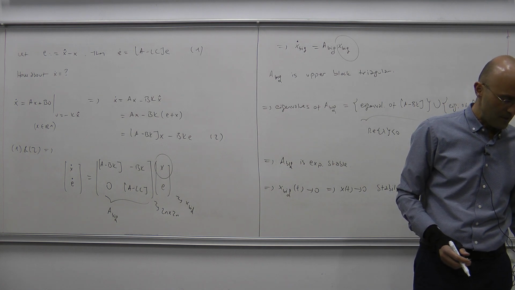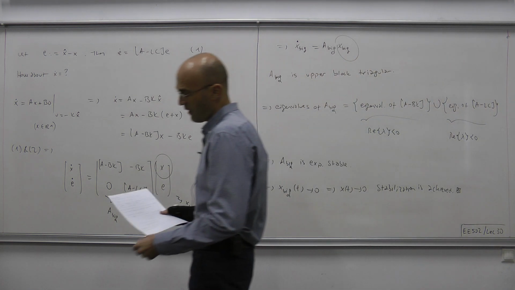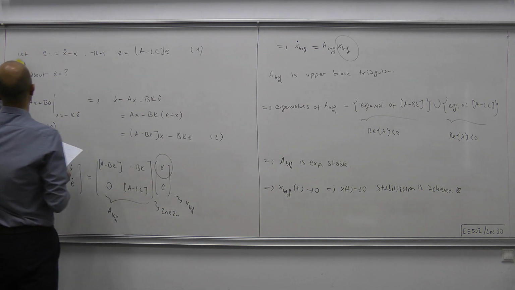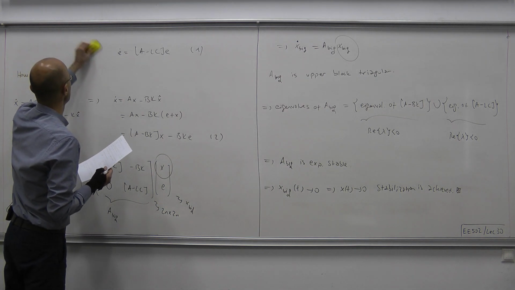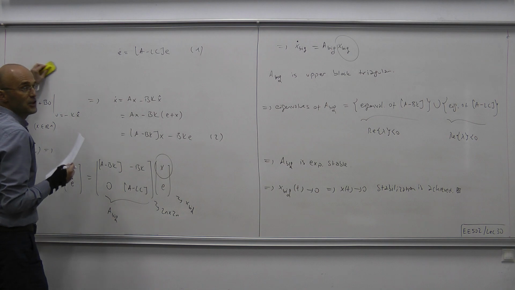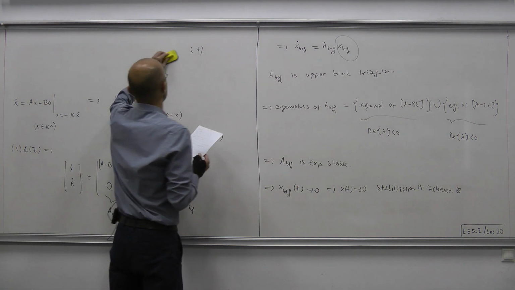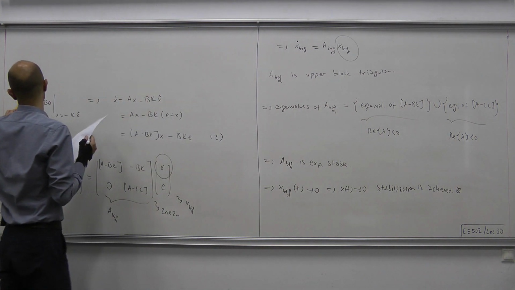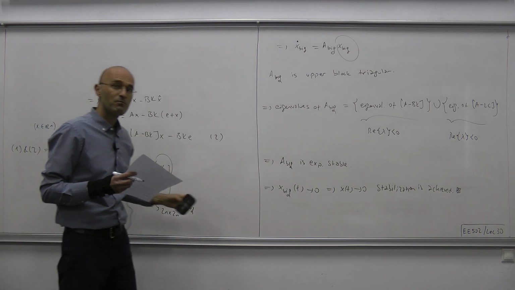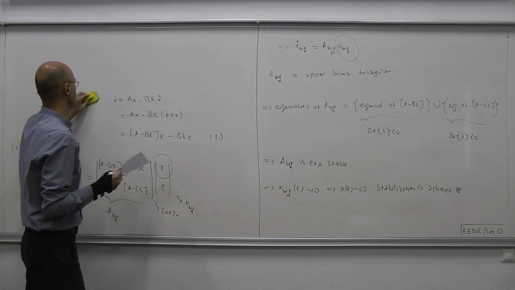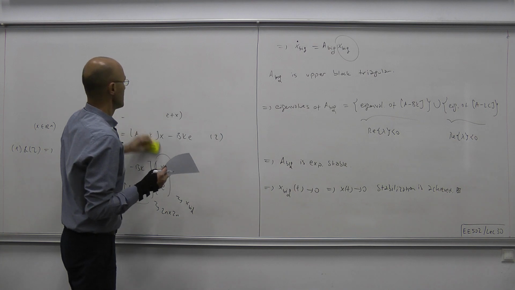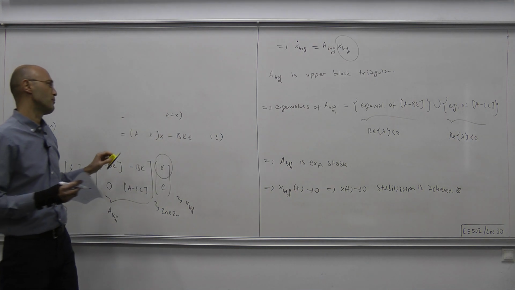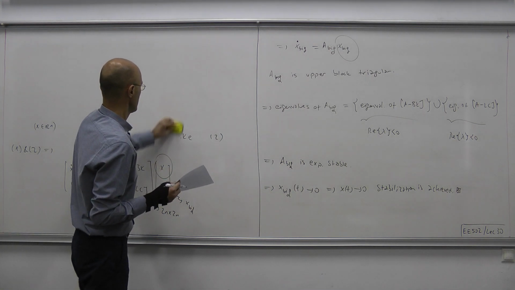Now, in the second half of our lecture, we will briefly talk about the relation between a realization of a transfer function, the order of that realization, and the controllability and observability properties of the realization.